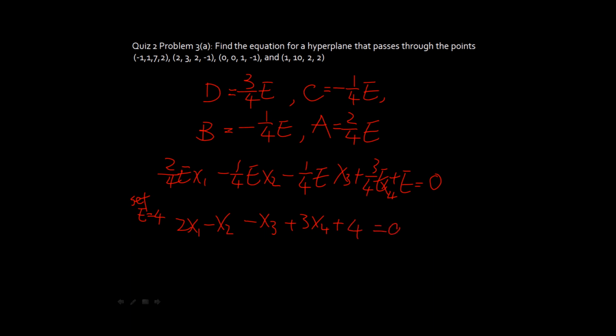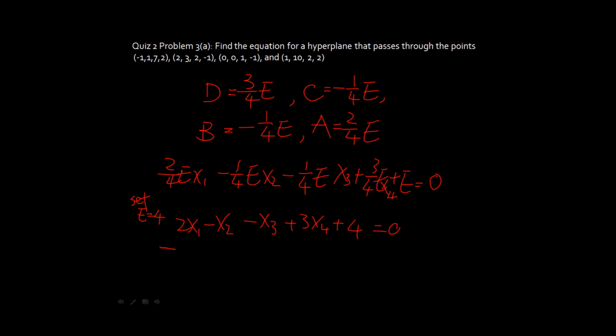Okay, now if you set E to some other values like 8 or -2, it will still give you the same result actually. So don't worry about picking another value of E. To look at it in a different way, you can factorize E out, because each term has an E, and then you simply divide the whole thing by E, and you will get the same result right away.